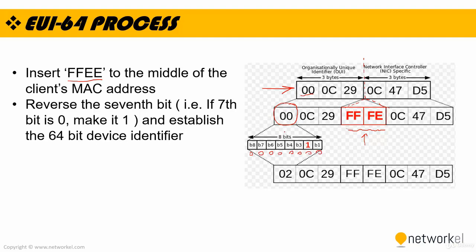This is 00. And I'm reverting the 7th bit. My 7th bit is 0, but I'm reverting it to 1. And as you can see, here is still 0, which represents here, and here represents 2. And here is my device identifier.